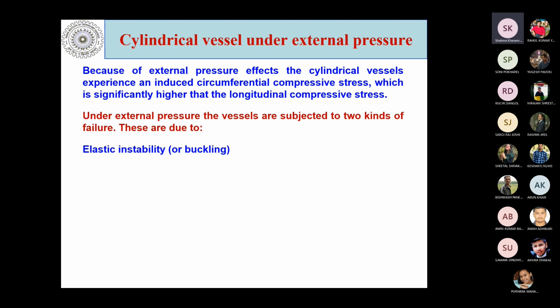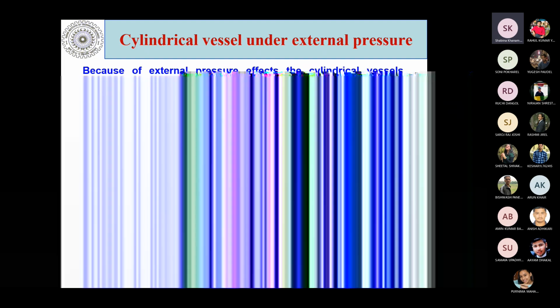When we consider external pressure vessels, these are subjected to two kinds of failure. First is elastic instability, which we also call buckling. It occurs when we have stress which is lesser than the proportional limit.